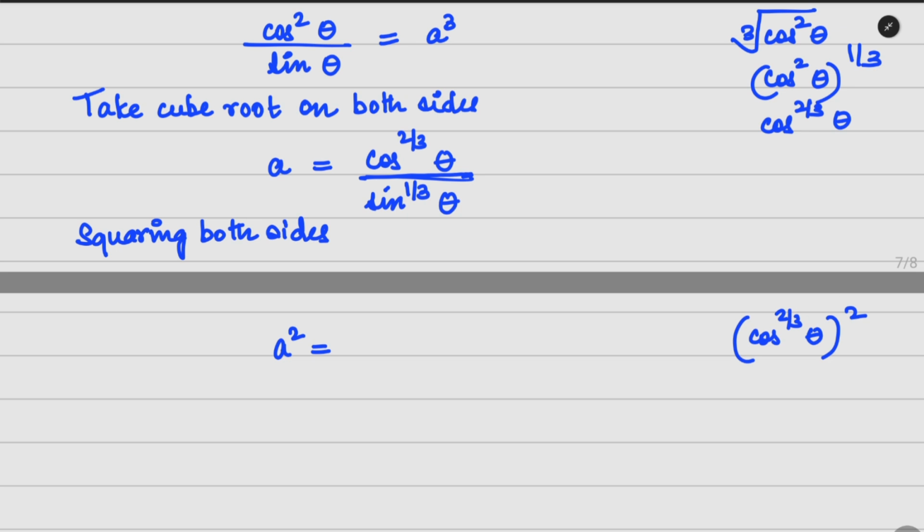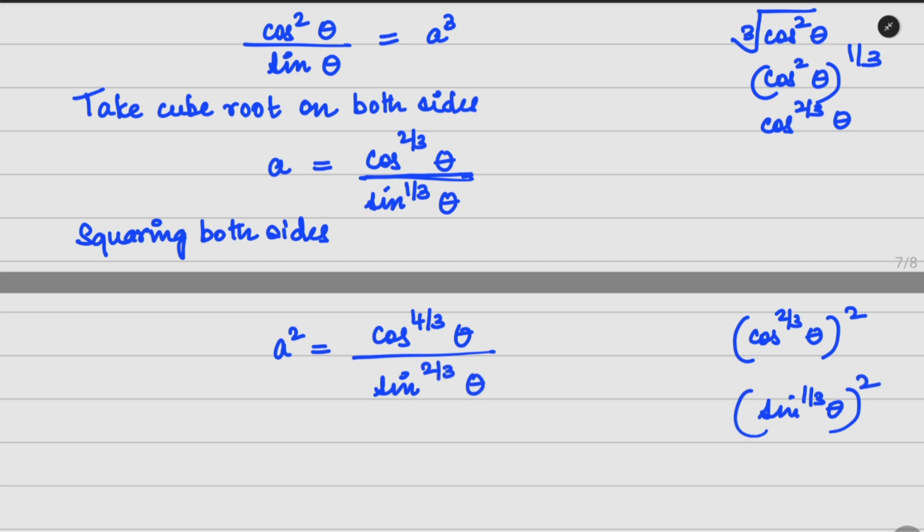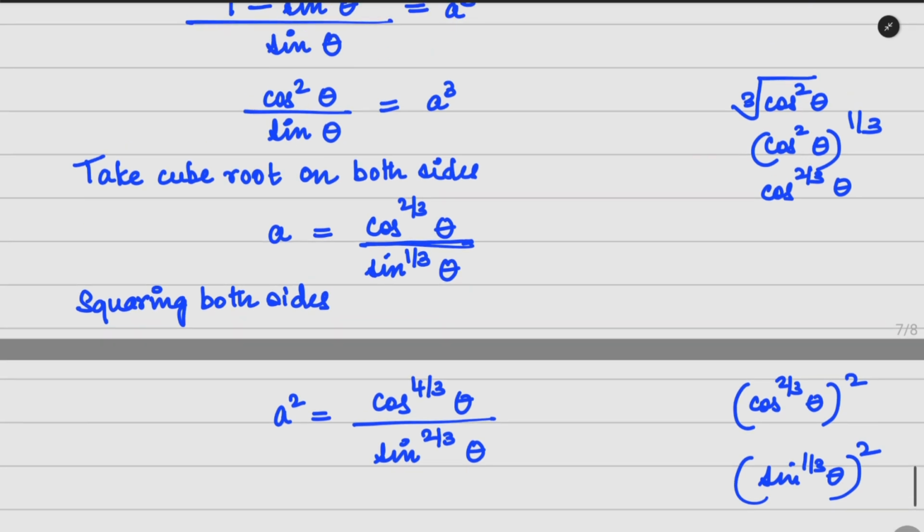So again the powers get multiplied. So you will have cos 4 by 3 theta divided by sine 1 by 3 theta whole raised to the power 2, so it will be sine 2 by 3 theta. That's your a square.